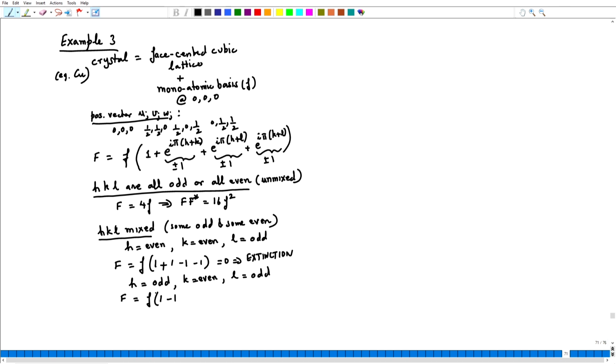Then h plus l, h is odd, l is odd, addition of two odd numbers gives us an even number. Hence, h plus l will be even and I will get a plus 1 here. And then the last term which has k plus l, so k is even, l is odd, so you get another minus 1 and again we get 0. So, you get extinction. So, whenever h, k, l are mixed, one will get extinction in this case.